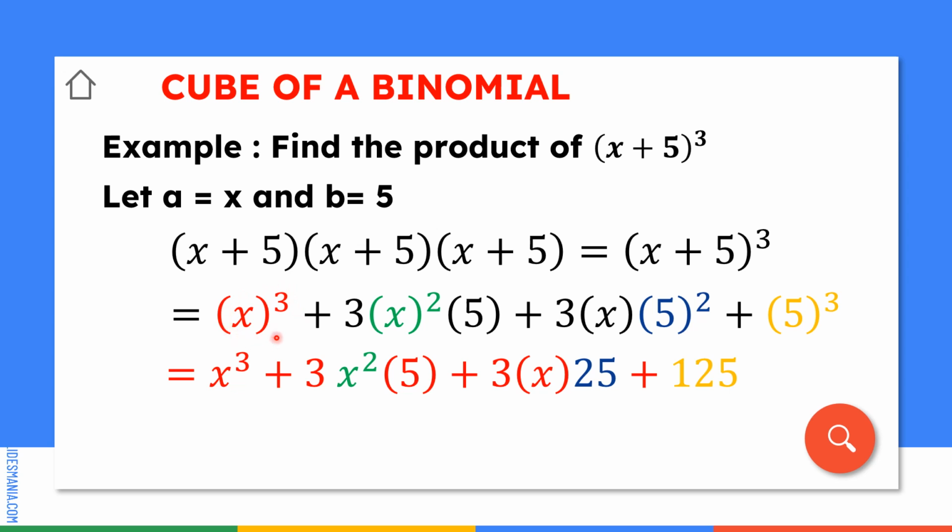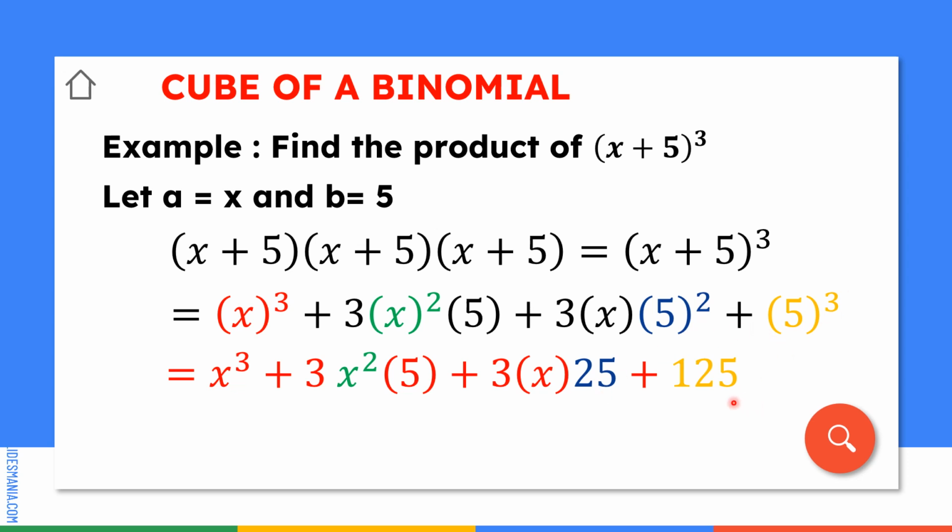Simplifying each term, x cubed is x cubed. And then 3 times, we have to simplify first what is inside the parentheses. So we are going to copy 3, and then x squared, that is x squared. And then 5 squared is 25. 5 cubed is 125.